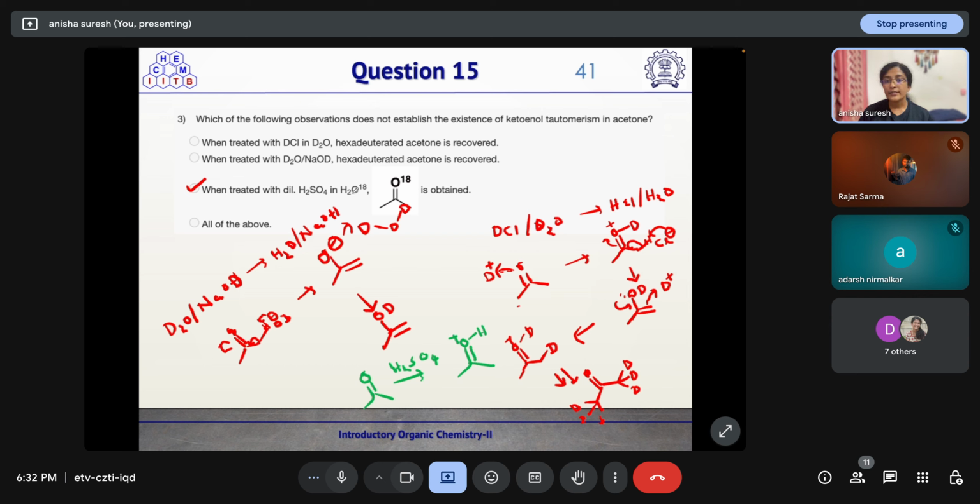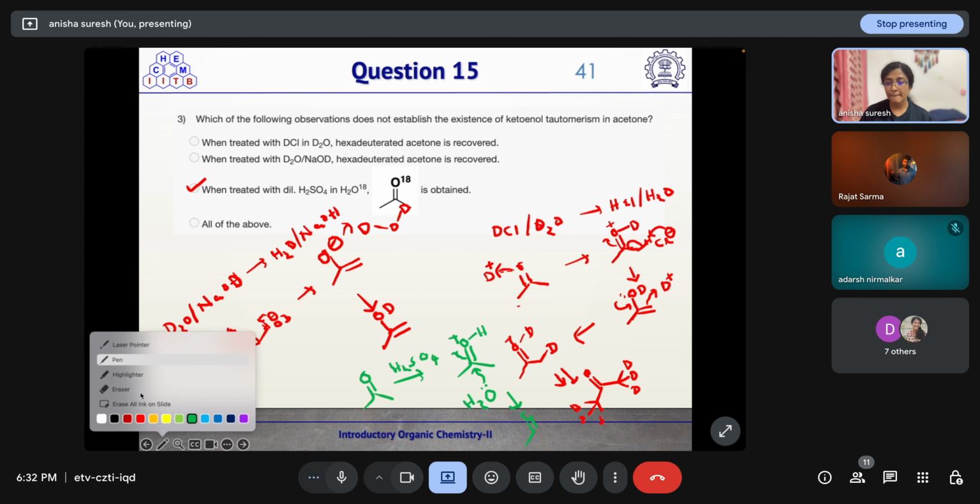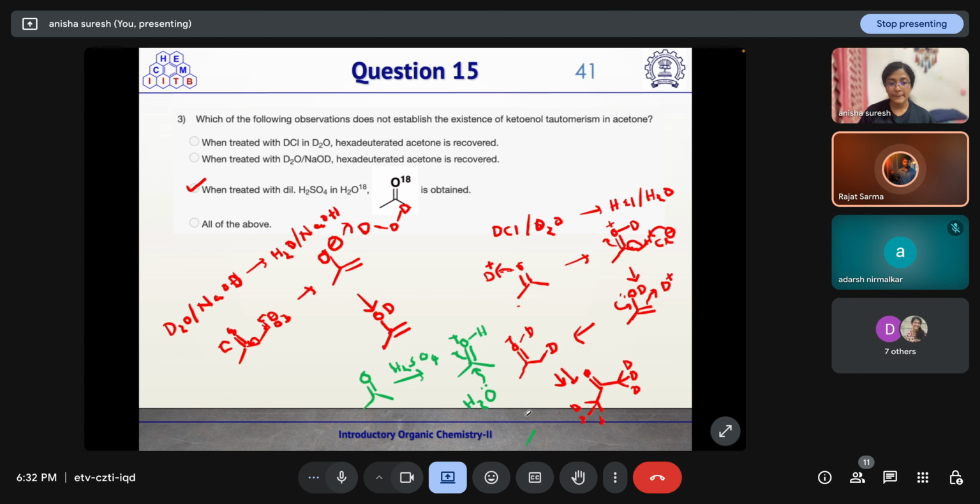So now this water, instead of undergoing keto-enol tautomerism, can add on to this, leading to formation of hydrate, and gem diols will be resulted. So OH will be there.